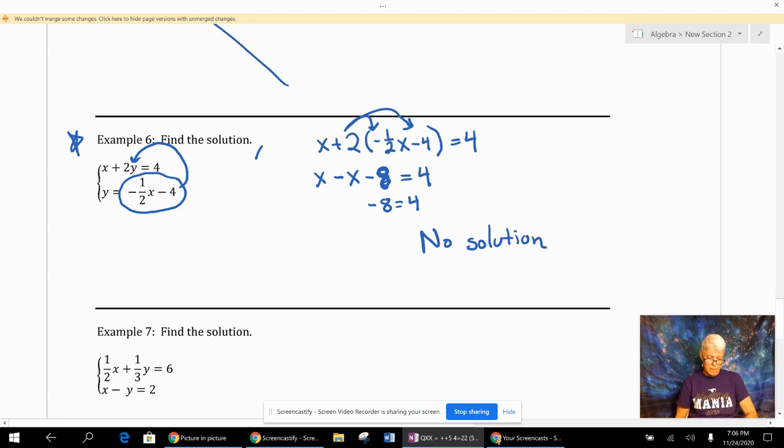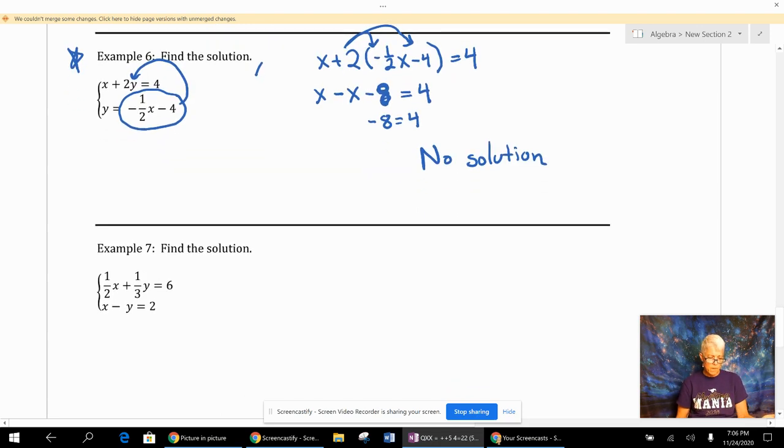The next one, I'm not going to cover it. We kind of covered it in number 6, where we had a fraction in there. Sometimes they get ugly, and sometimes you're going to have to insert a fraction. So in this one, if I move the y over, x equals 2 plus y.